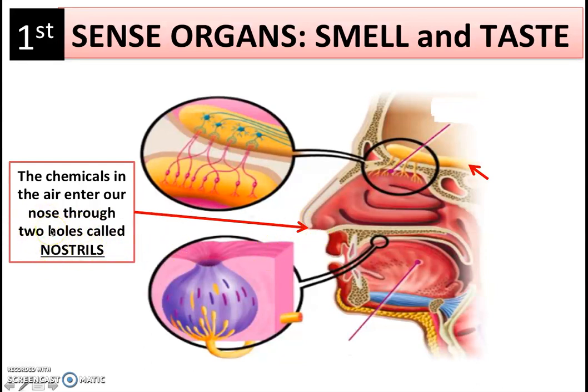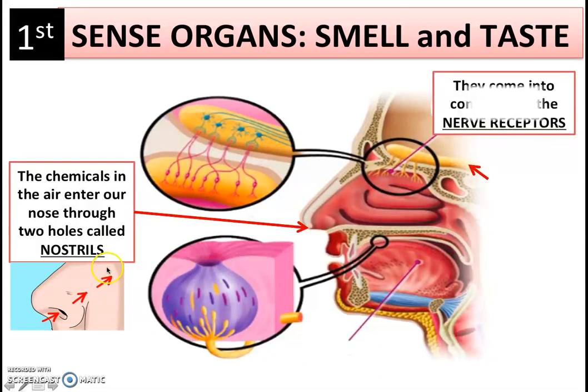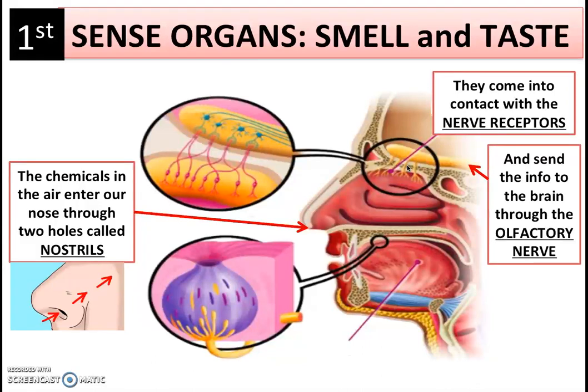Los agujeros de la nariz son llamados nostrils, ¿vale? Nostrils. So, the chemicals that enter our nose come into contact with these receptors. And from here, this information is sent again to the brain through the olfactory nerve.